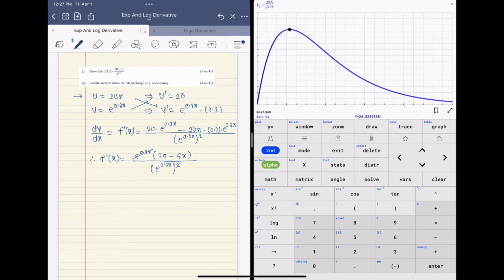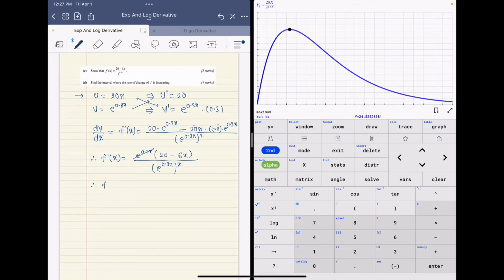One part and this part get cancelled, so your final answer is f dash x is equal to 20 minus 6x over e raised to 0.3x. Done.